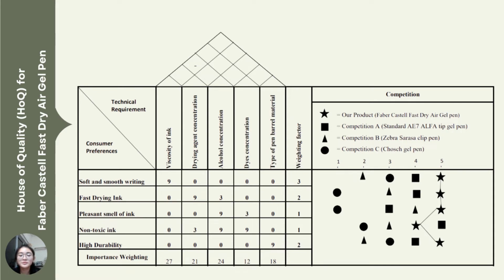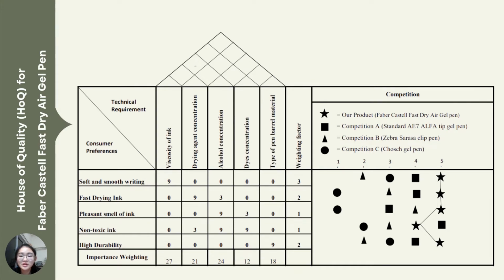Next, to have a pleasant smell of ink, alcohol concentration plays an important role in deciding this criteria of a pen ink. At the same time, the dye concentration will also affect the smell of pen ink. By increasing both concentration of alcohol and dyes, they will bring back smell to the pen ink.